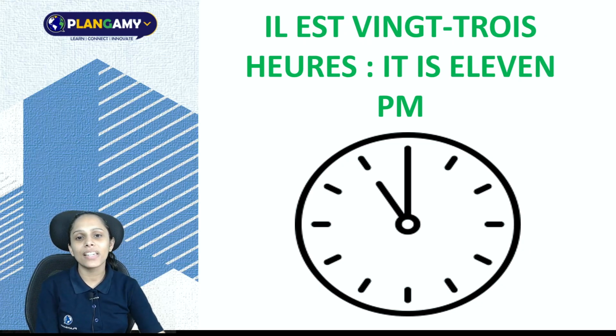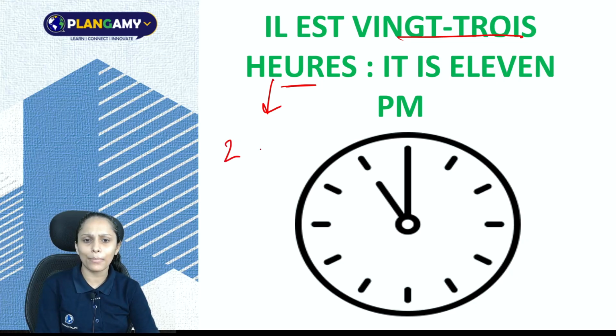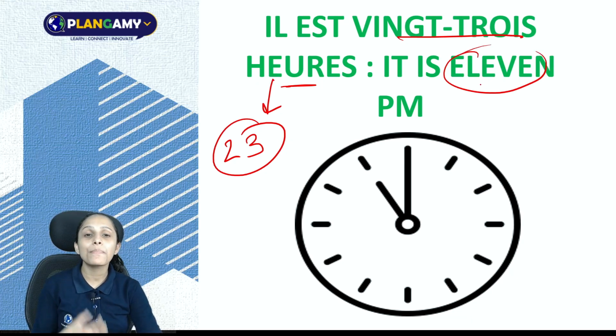Now here we have another example. It says il est 23 heures. Here I know that this number is 23. So 23 heures is our 11 p.m. So here we are talking about 11 p.m.